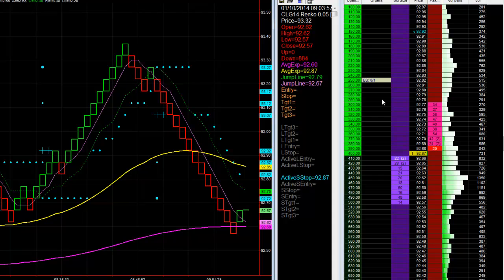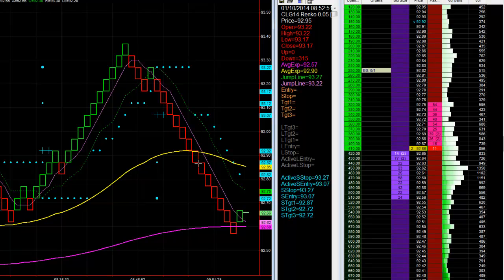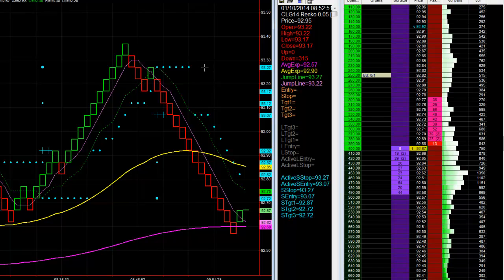So this started out as a 3-contract trade. So the first position came off 1, 2, 3, 4 bars below my entry, and these are 5-cent Renko bars, 5 ticks. So that was a $200 move right there. I had $200 of risk per trade, right? 5, 10, 15, 20.